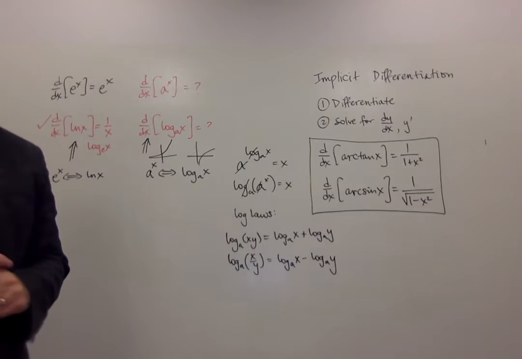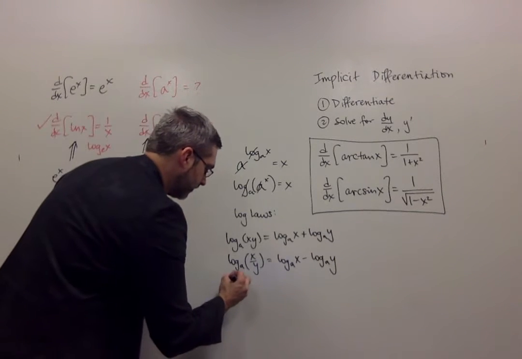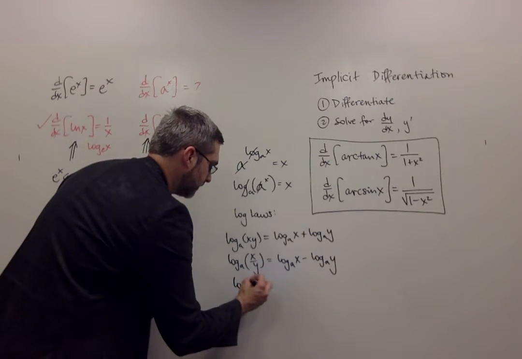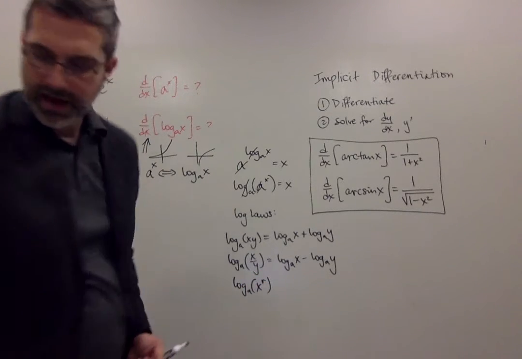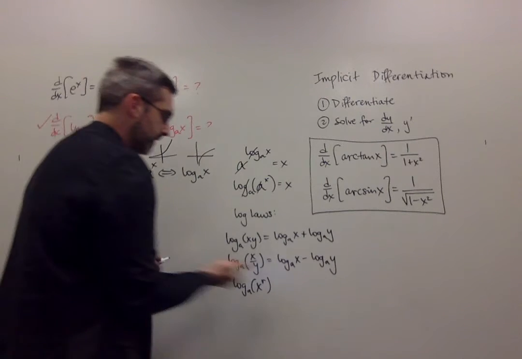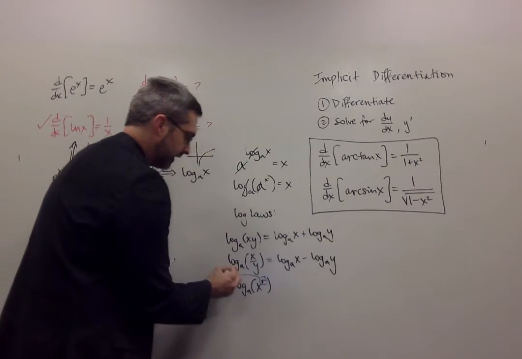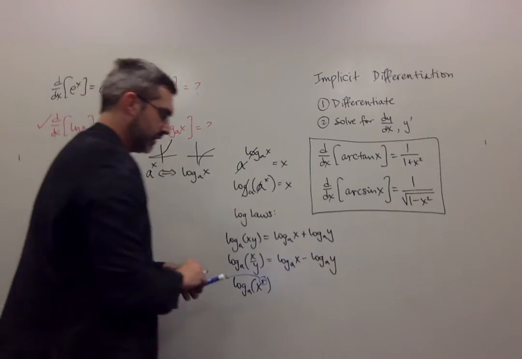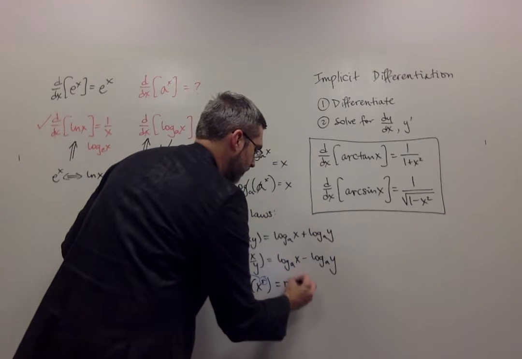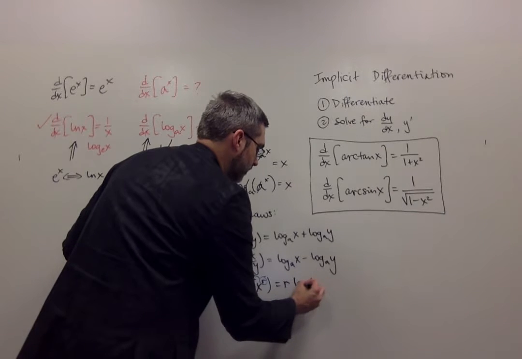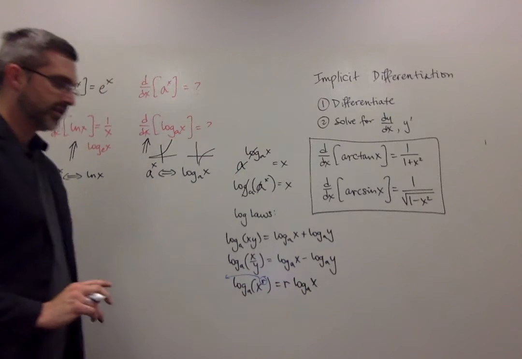Then there was a third one that I gave you that talked about what happens to powers on the inside. When you have a power on the inside, you can actually bring it out front. So log base a of x to the r is r log base a of x. You can bring those powers down.